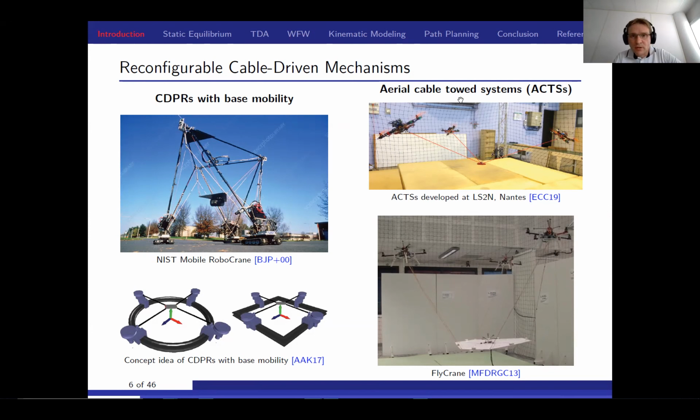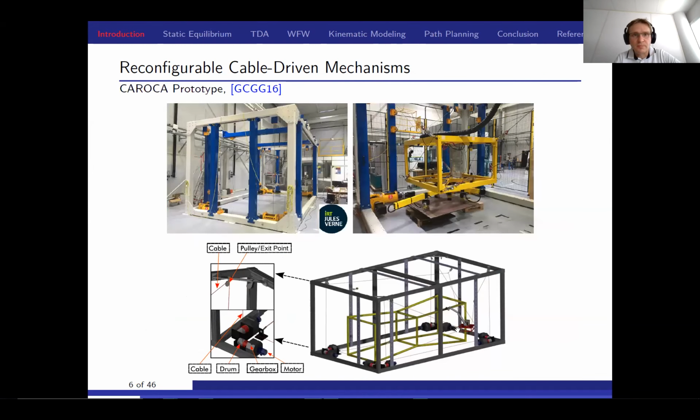I also talk about another kind of reconfigurable CDPR, the IL cable towed system, developed at Lausanne, and the well-known flight crane developed at Toulouse. This is a picture of a Caroca prototype, the first reconfigurable CDPR that we developed.